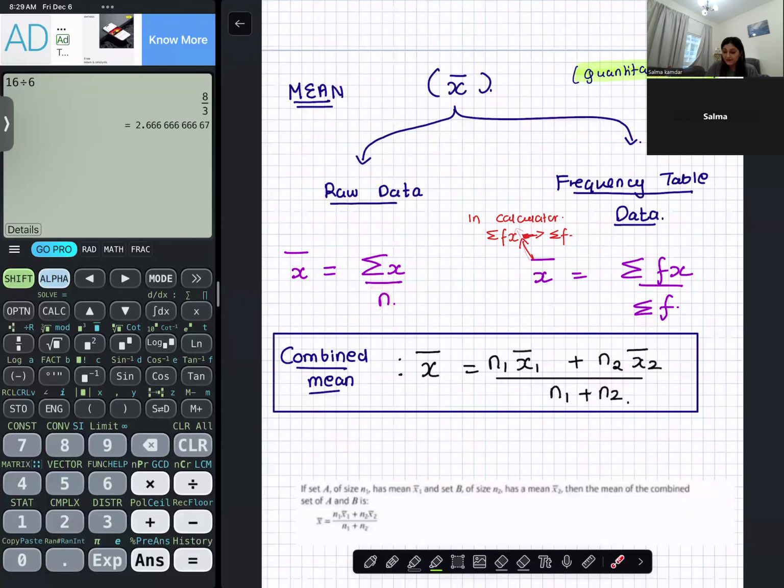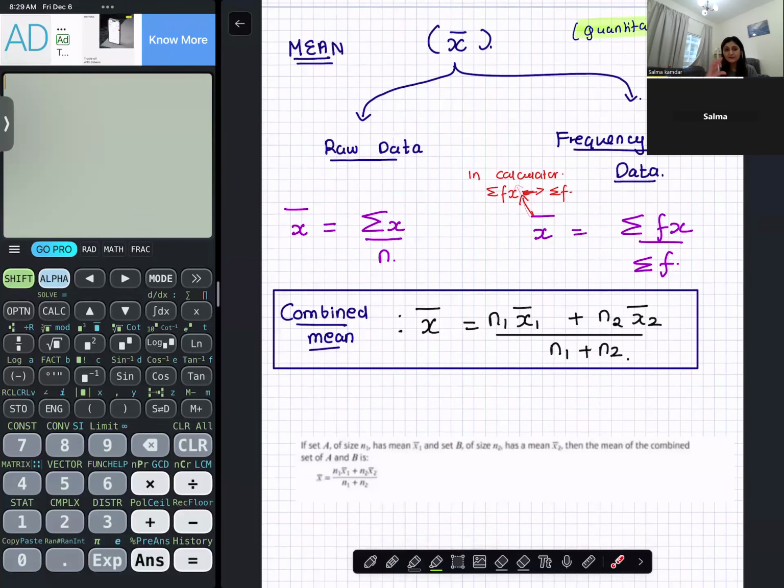And for grouped data, your mean of x is sum of fx over the sum of f, that is the frequency. Now, the important point that you have to note over here is that when you are using a calculator and you have a grouped distribution table, your sum of x is nothing but your sum of fx.